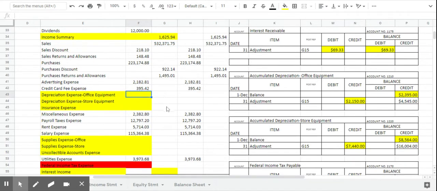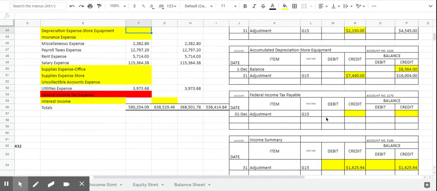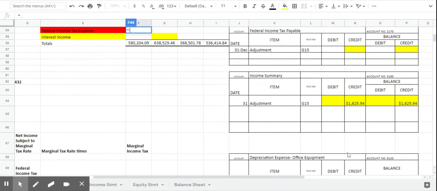Depreciation expense for office equipment, 2150. Depreciation expense for the store equipment.